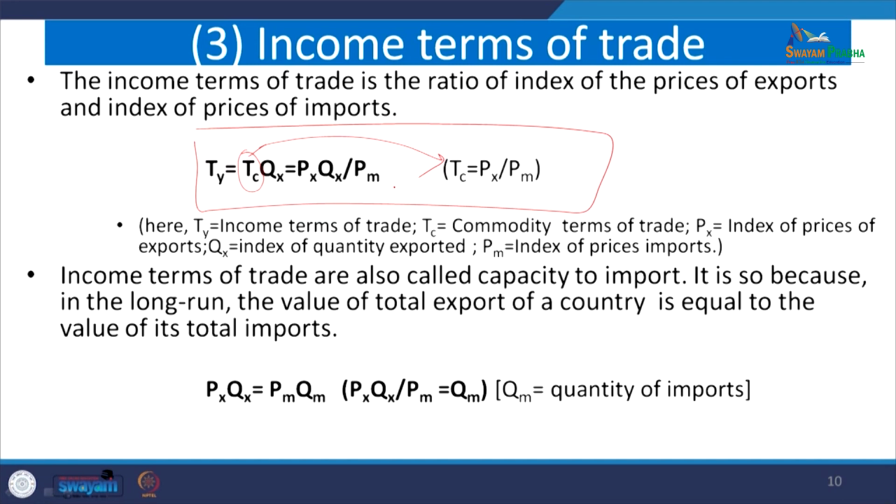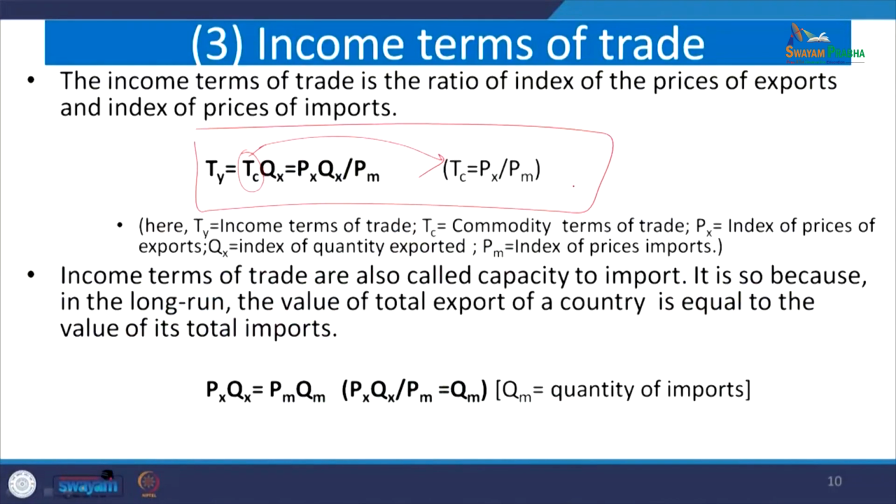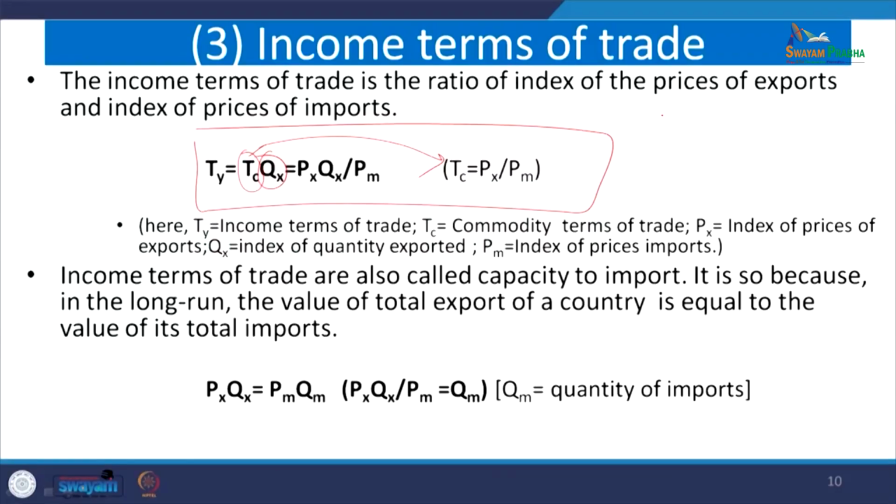Basically, the rate at which we exchange our goods times the extent of quantity we are exporting. So, this defines the income, the total earning of the country from its exports. Basically, it is Px by Pm into Qx.